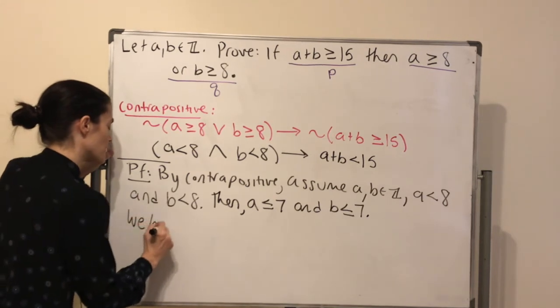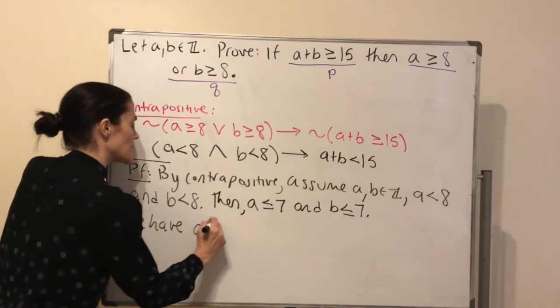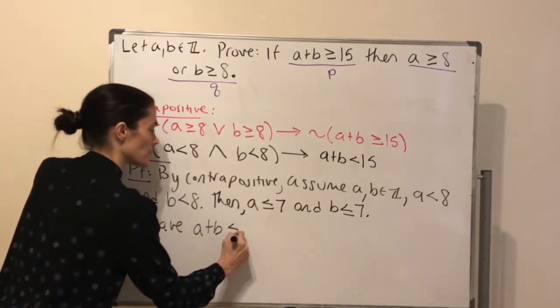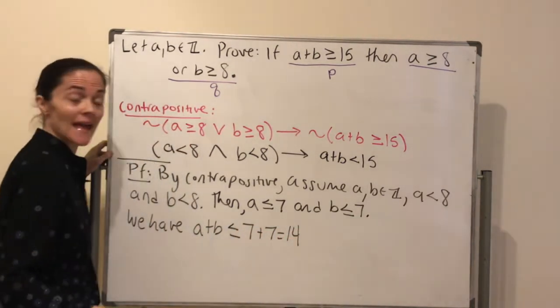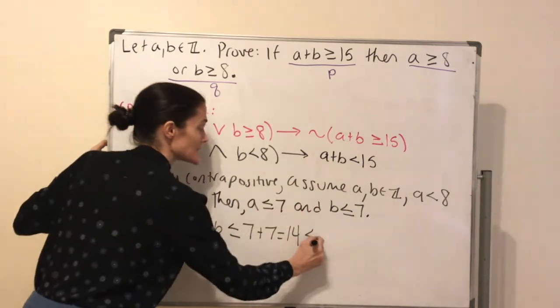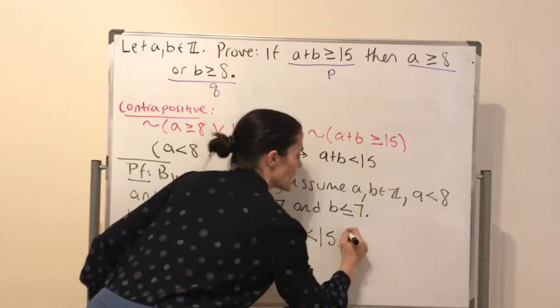We have A plus B is less than or equal to 7 plus 7, which is 14. And this is strictly less than 15.